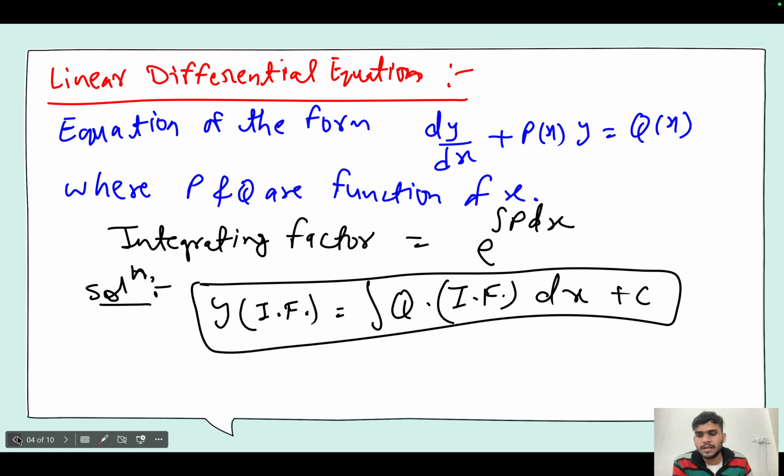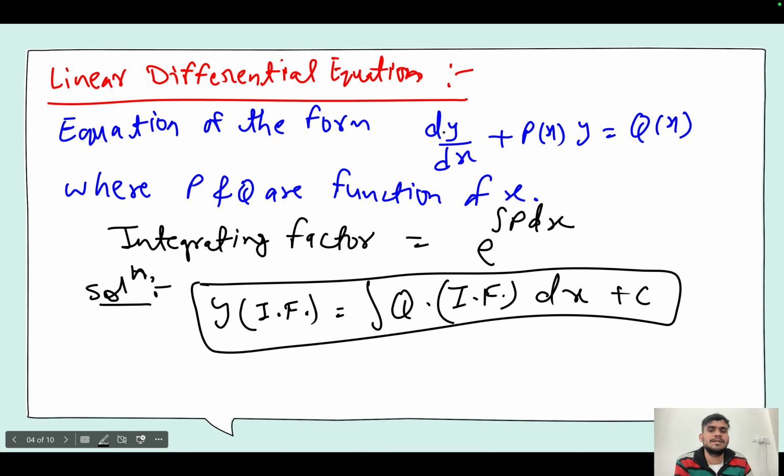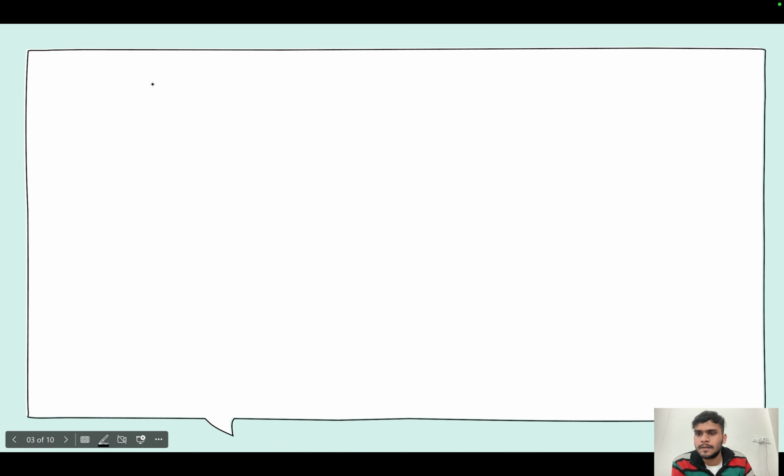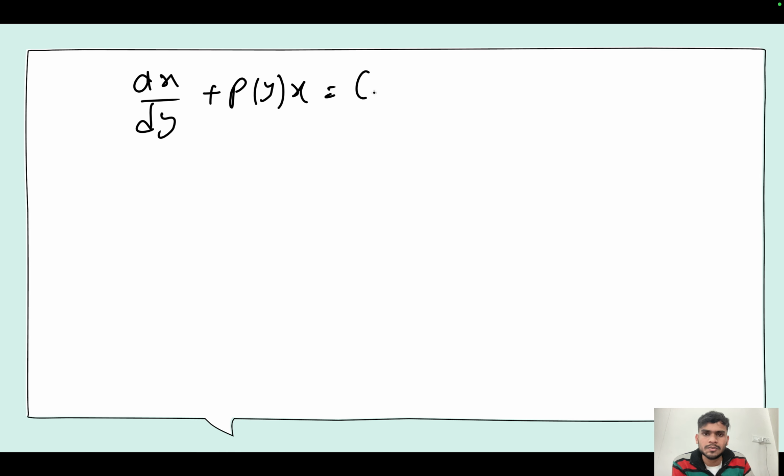Our equation can also be written in the form dx/dy + P(y)x = Q(y).